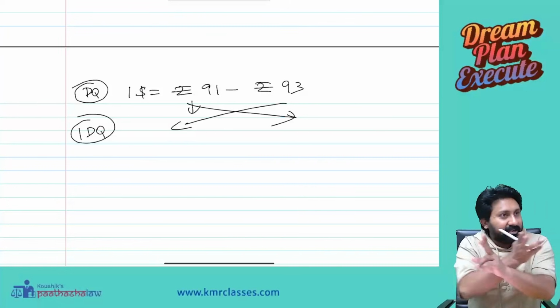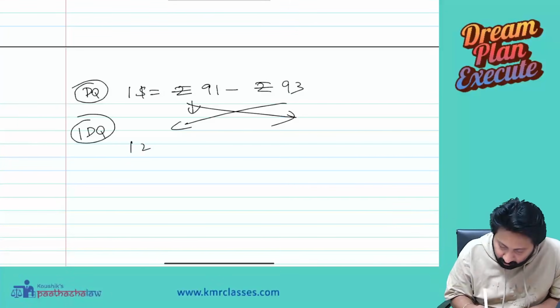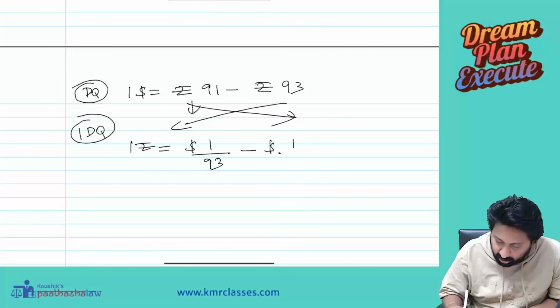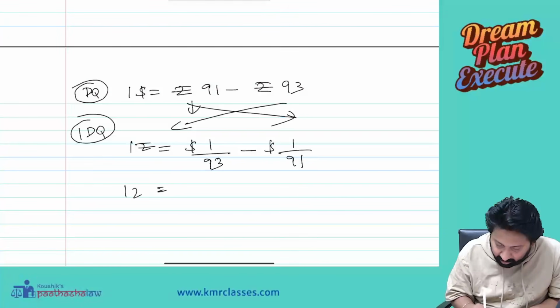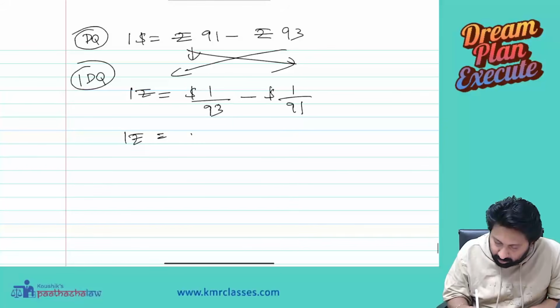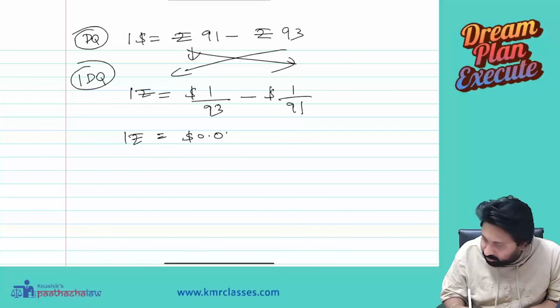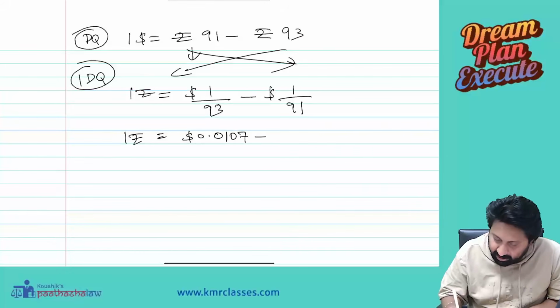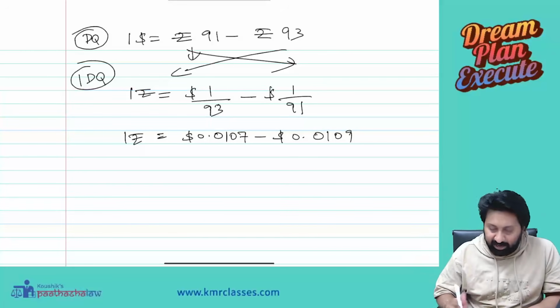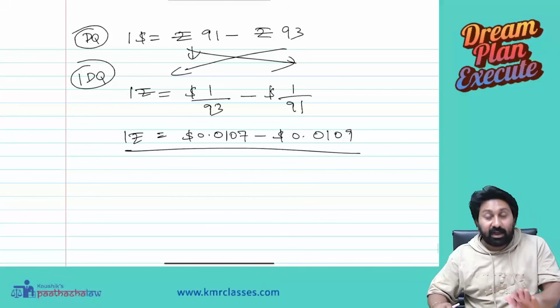Just take it like this: 1 rupee equals 1 by 93 dollar here, 1 by 91 dollar here. So 1 rupee equals $0.0107 dash $0.0109. These are the two quotations that we get. It is 100% right, I don't deny.